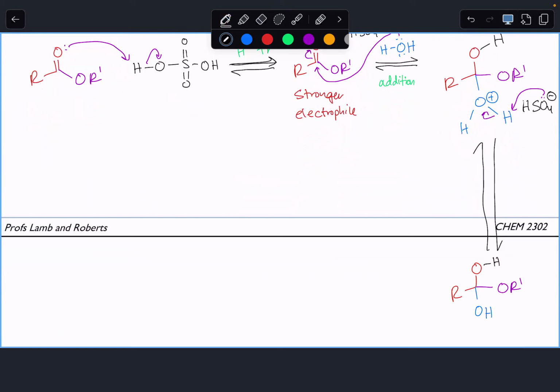Okay, and I regenerated my acid catalyst, like so. So this was just a proton transfer to get rid of the positive charge.